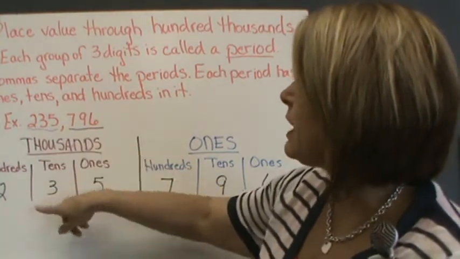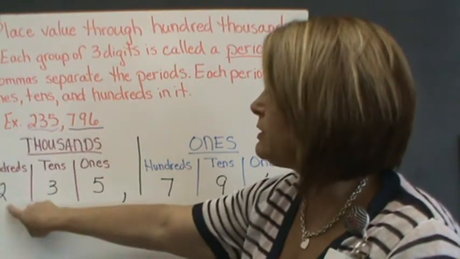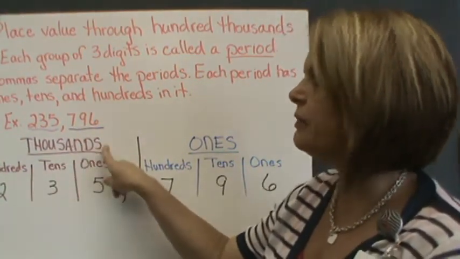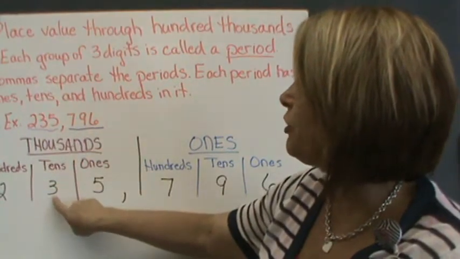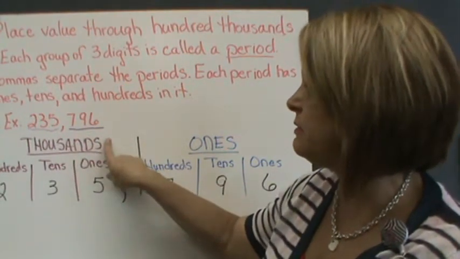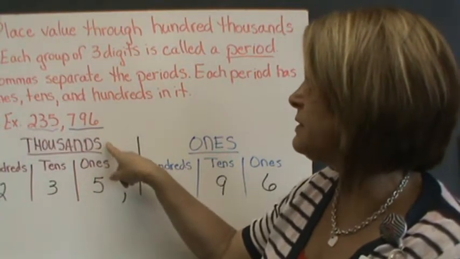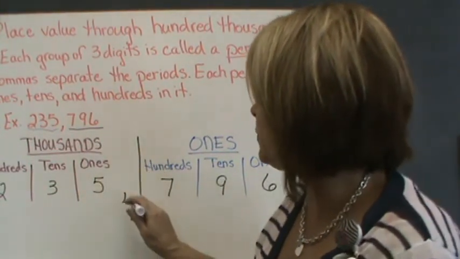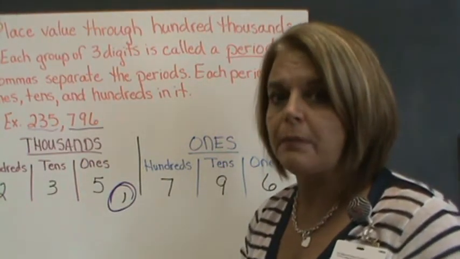So if I break it down, I'll see that the value of this 2 is 200,000. The value of this 3 is 30,000. The value of my 5 is 5,000. Now, here's a trick. Whenever you see the comma, you know you've come to the end of that period.